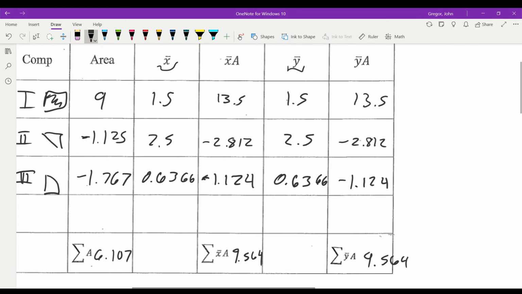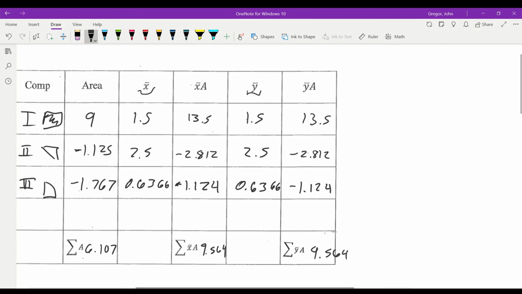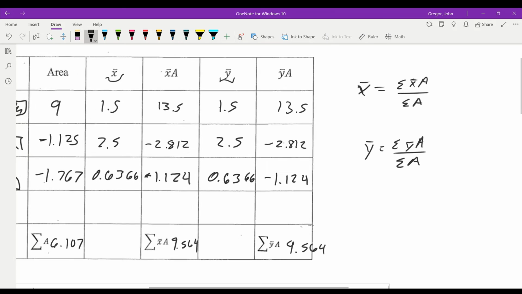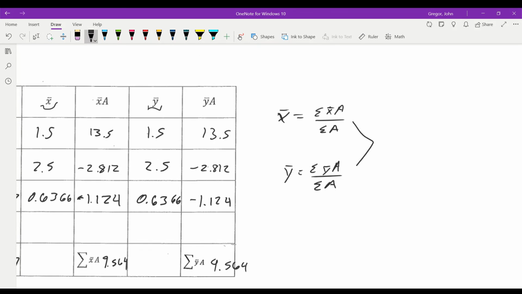As you should know, x bar is equal to the sum of x bar times area over the sum of area, and y bar is equal to the sum of y bar times area over the sum of area. In this case, these are equivalent, so I'm just going to write out the one.